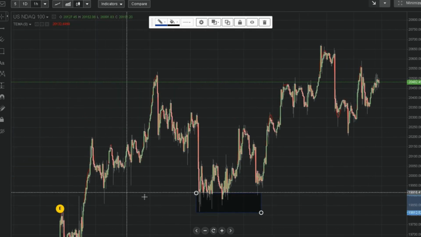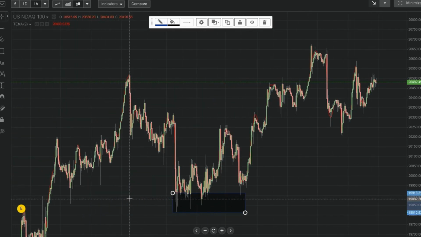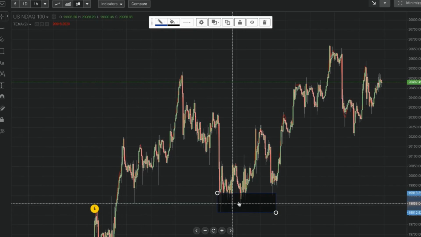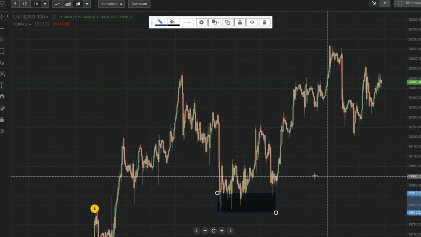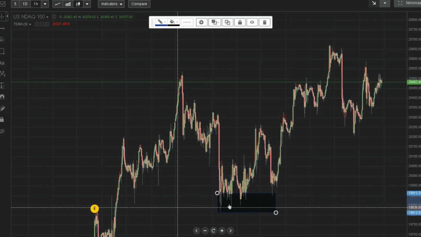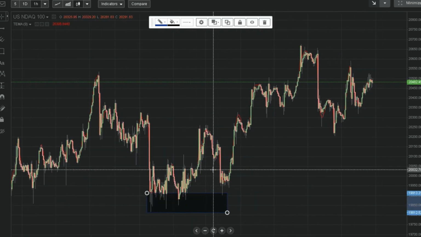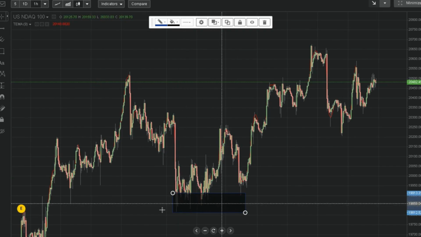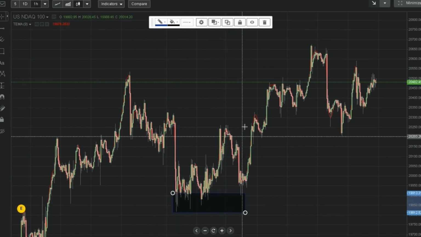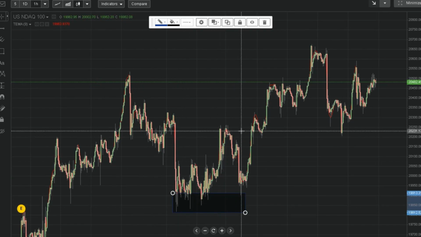So in this price, the buyers remain. There is a good chance that when this level gets swept, price will reverse from bearish to bullish or bullish to bearish.